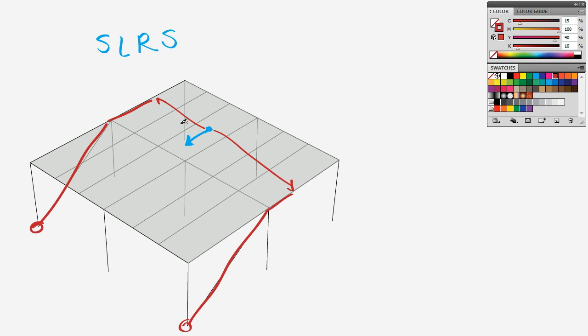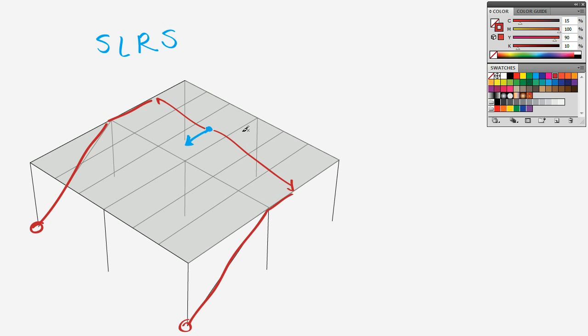Now this is a little bit different than what we had above, because you can see that the load is staying in the roof longer. Up above, from the point load, it just stayed in the roof until it hit a floor beam. But in this case, it's going to stay in the roof all the way until we hit some sort of line that can take it down to the ground.